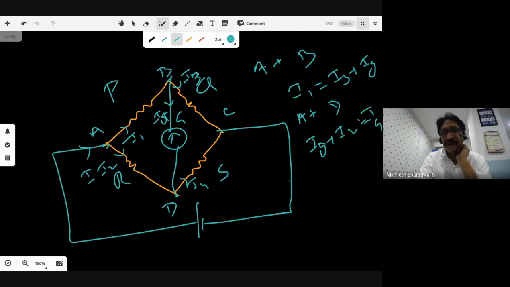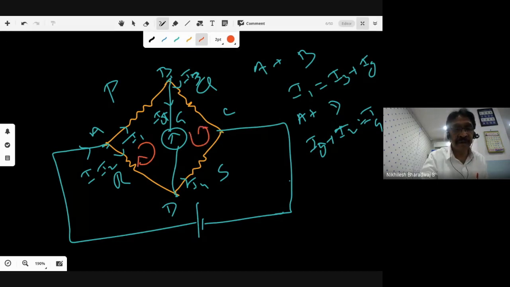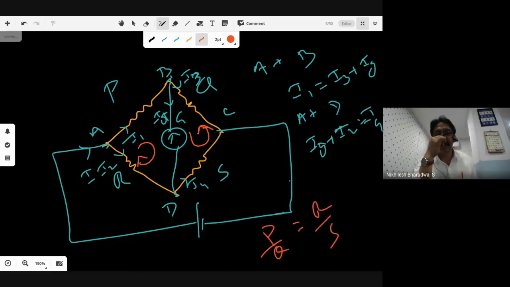Then the remaining you can go for. At last, you have to prove that P by Q is equal to R by S. While taking the second law, you take this loop and this loop. Mention the arrows so that you will never be confused. So we prove that P by Q is equal to R by S.